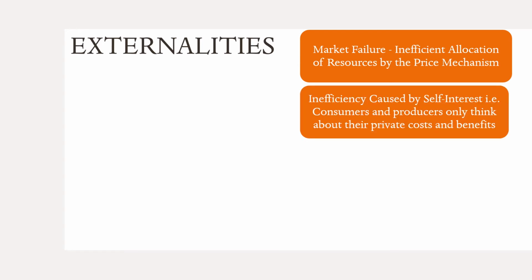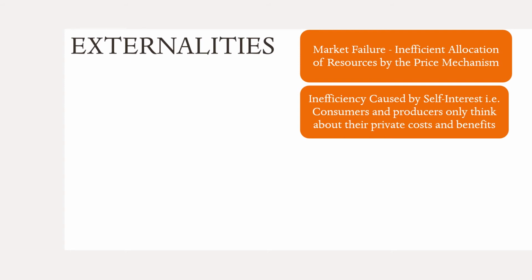The reason why this inefficiency occurs is because in the market system, consumers and producers are assumed to act, and in fact do actually act, only in their own interests. Acting in their own interest means that consumers and producers only think about their own costs and benefits, or what we call private costs and benefits, which is represented by the market level of consumption and production.